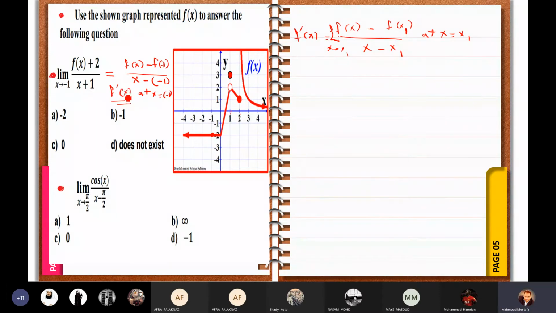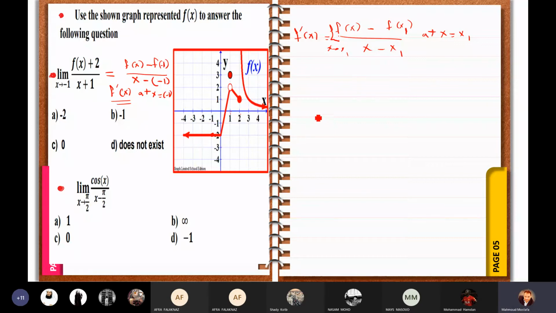F prime of x at x equal -1. Look at x equal -1. This one is what? A line, right? So the derivative of a line is what? 0. This is a horizontal line, constant.